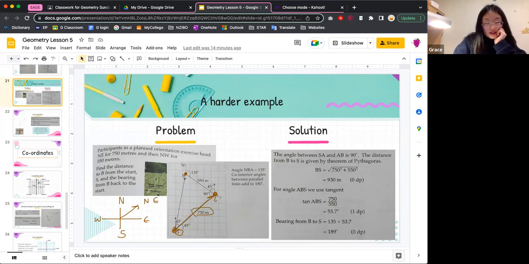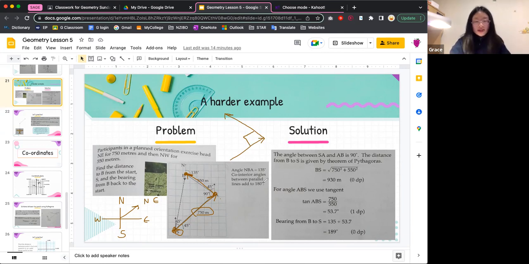And then you head northwest, and notice that if you head northeast, then northwest, this is a right angled triangle.